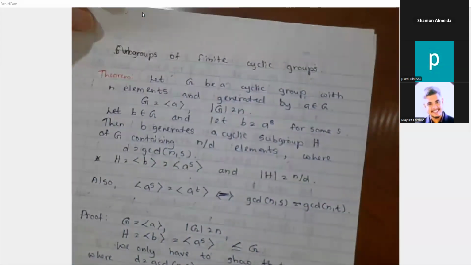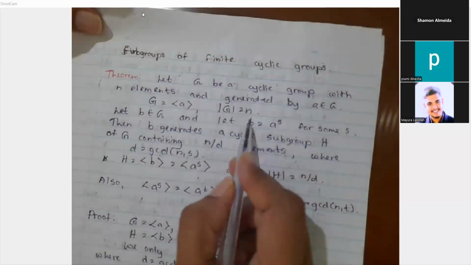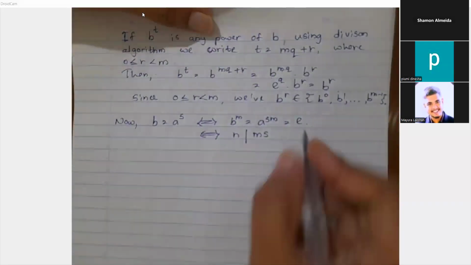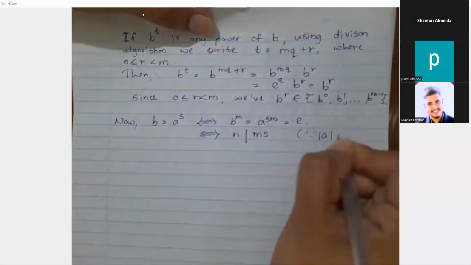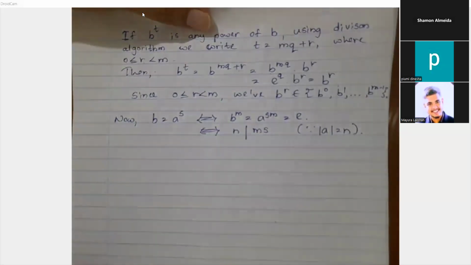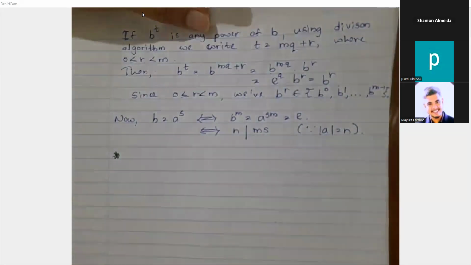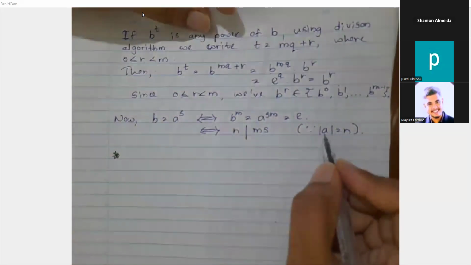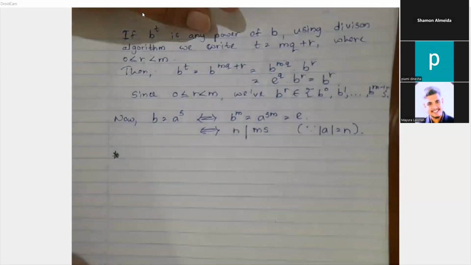Because if we go back, we know the order of a is n, the number of elements in G. From the definition of the order, we know that if the order of a is n, that is the smallest positive integer.